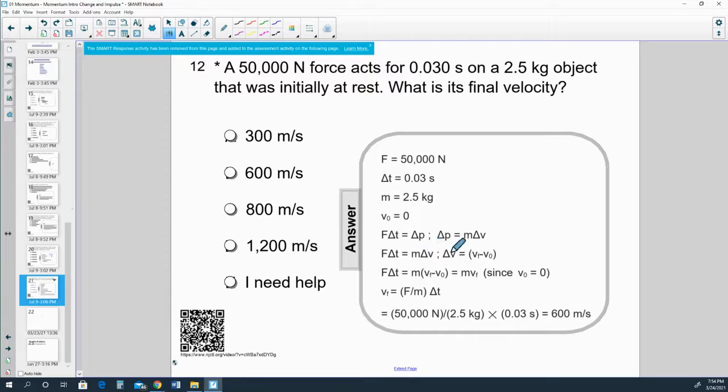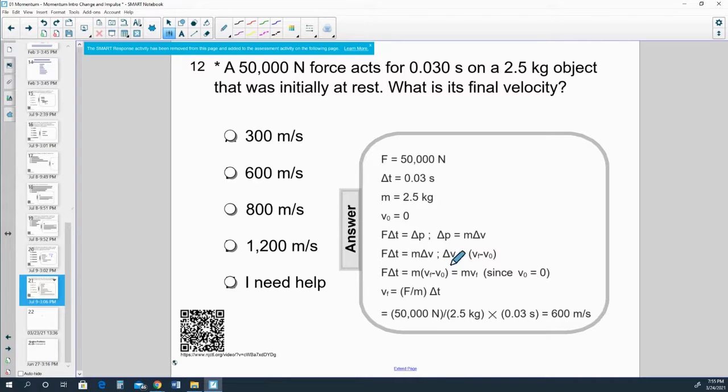Then you just rearrange it. Change in velocity equals your final velocity minus an initial velocity. So force times change in time is equal to the mass times the final velocity minus initial velocity.